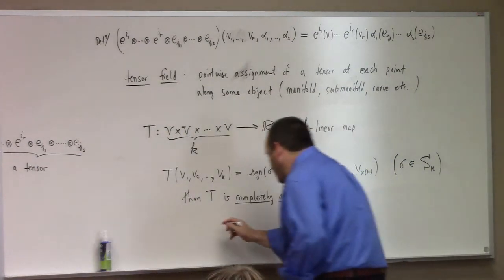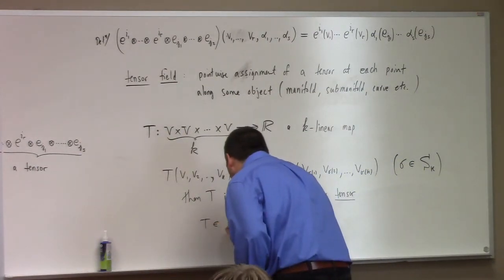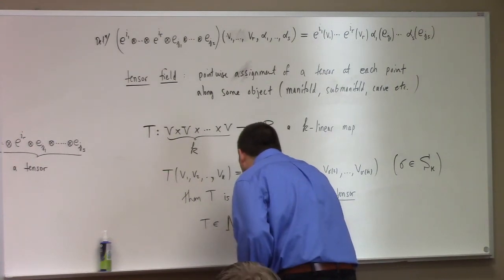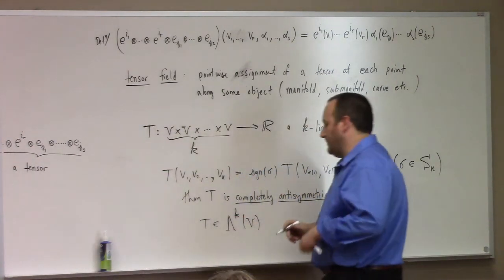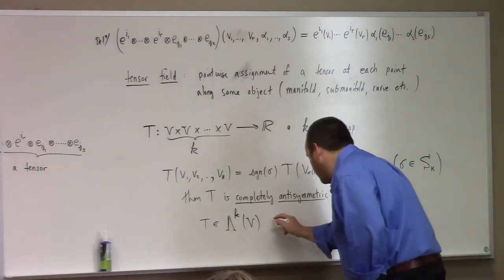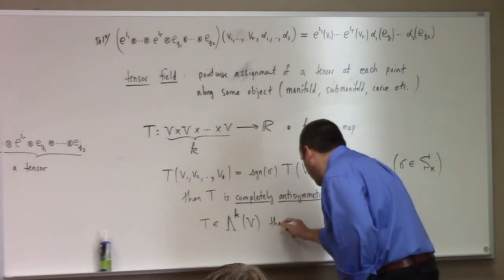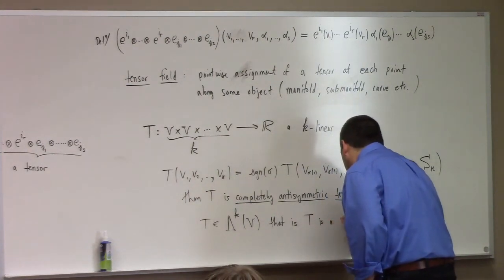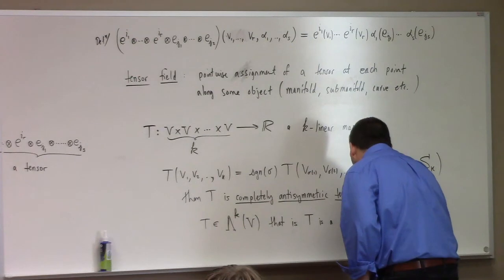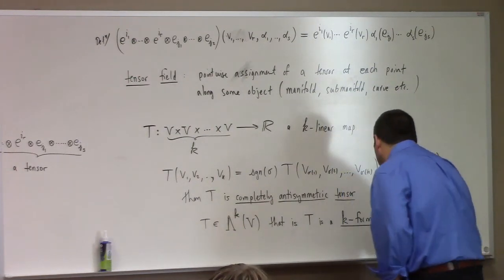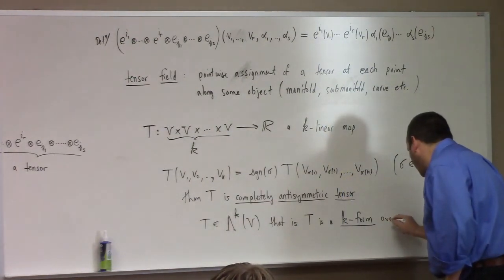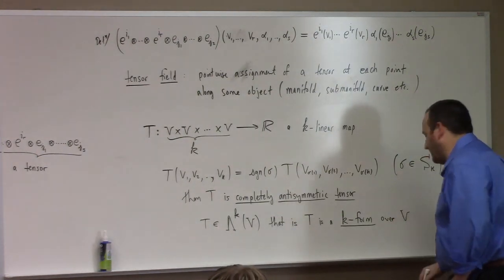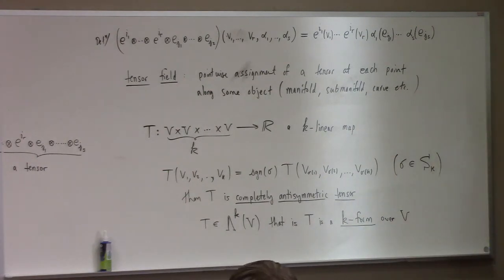Here we say then that T is an element of lambda upper K of V. That is, T is a K-form over V. Or, I guess, on V. I don't think it's in V. It's definitely over or on.